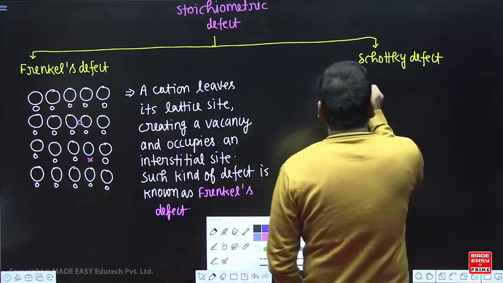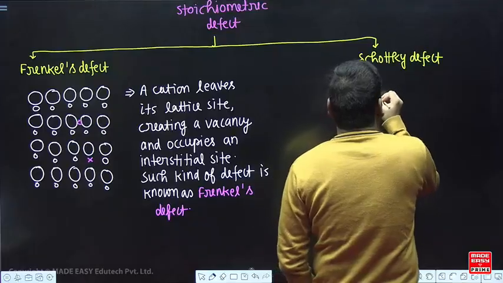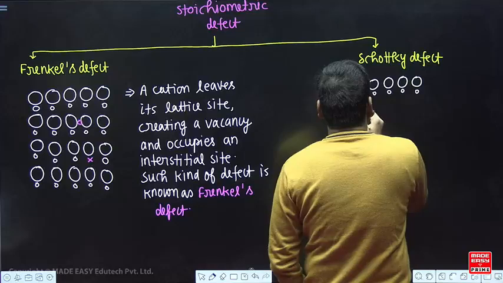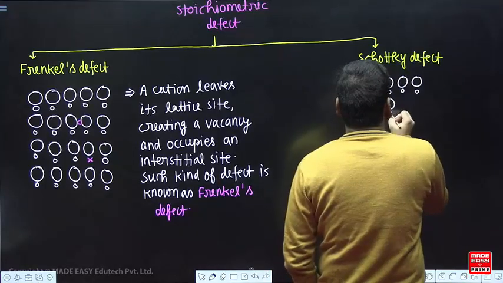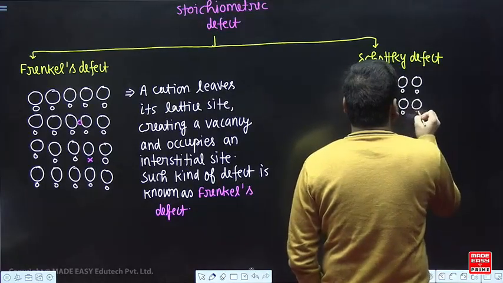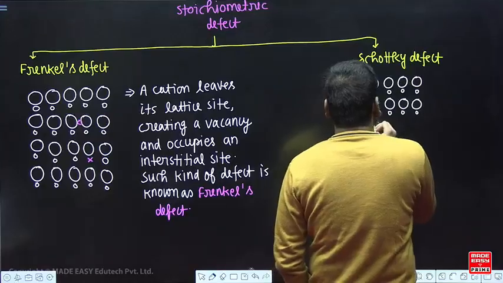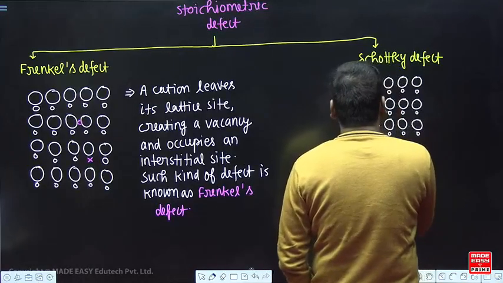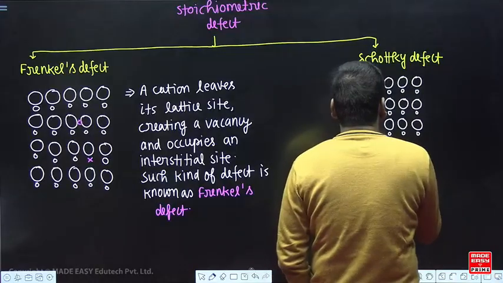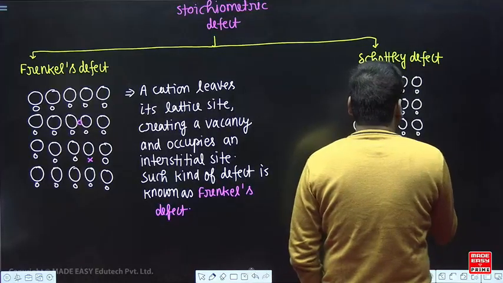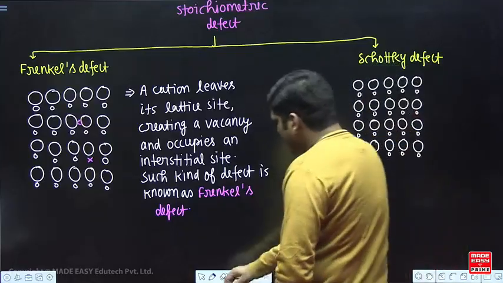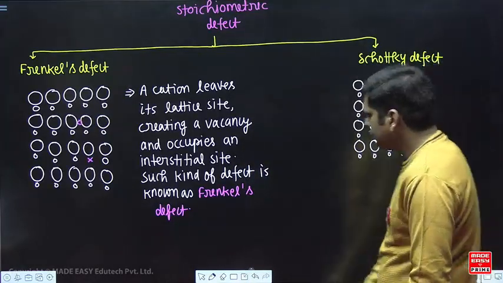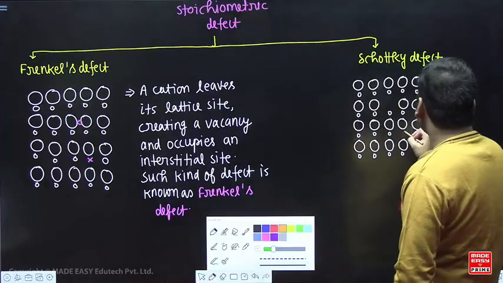Here again you have anion, cation, anion, cation, like this. Suppose a pair of ions is missing from the crystal, one cation and one anion.